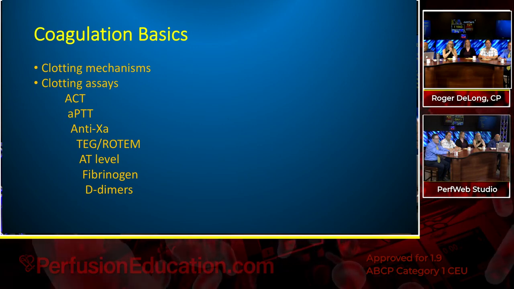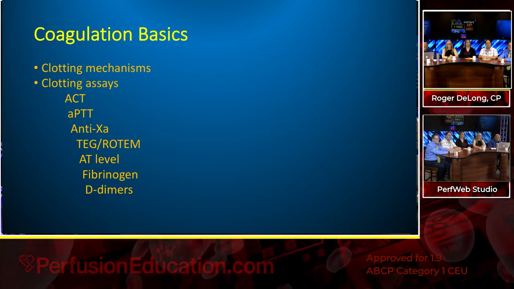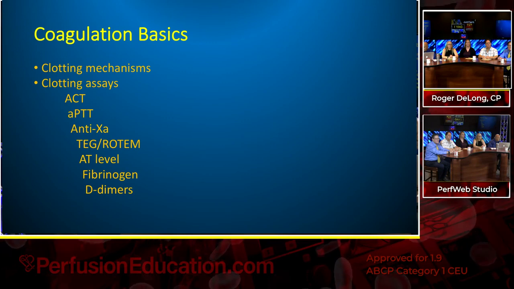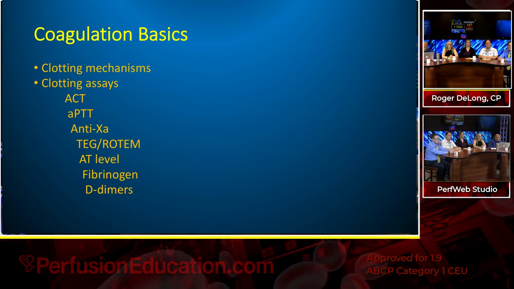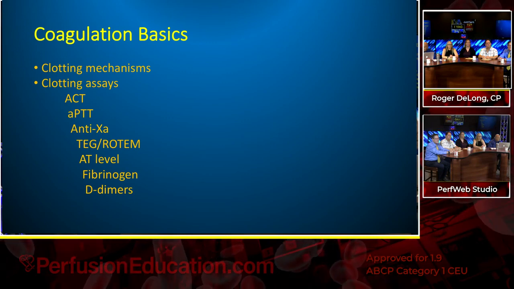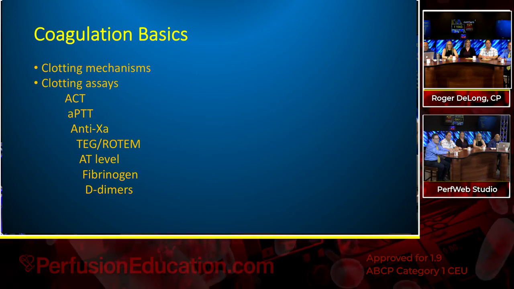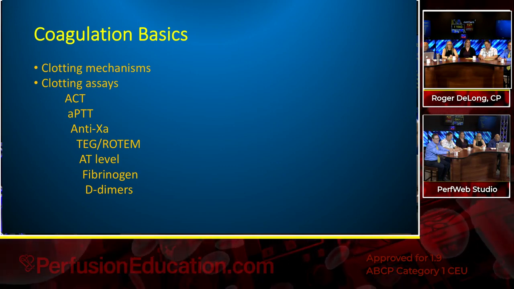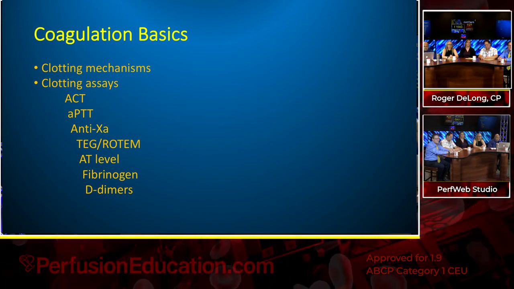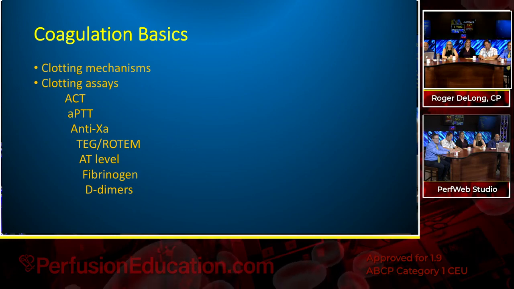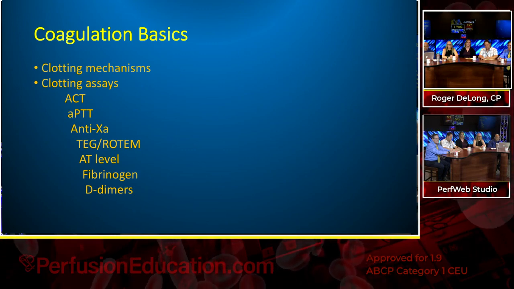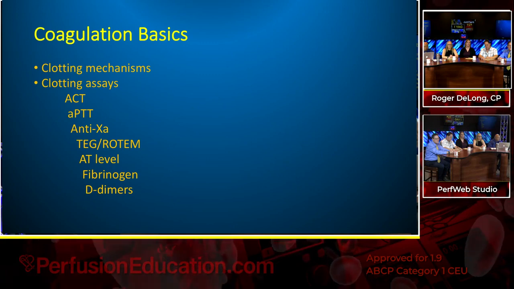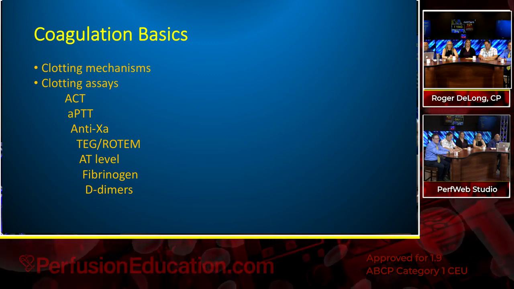There are also AT3 levels, fibrinogen showing how many strands of fibers we're getting, and D-dimers showing how many strand pieces are breaking up. All of them can be useful in their own way to show the propensity and the degree, but none of them have any clue as to the volumes we've got within the circuit, within the oxygenator. Next slide.